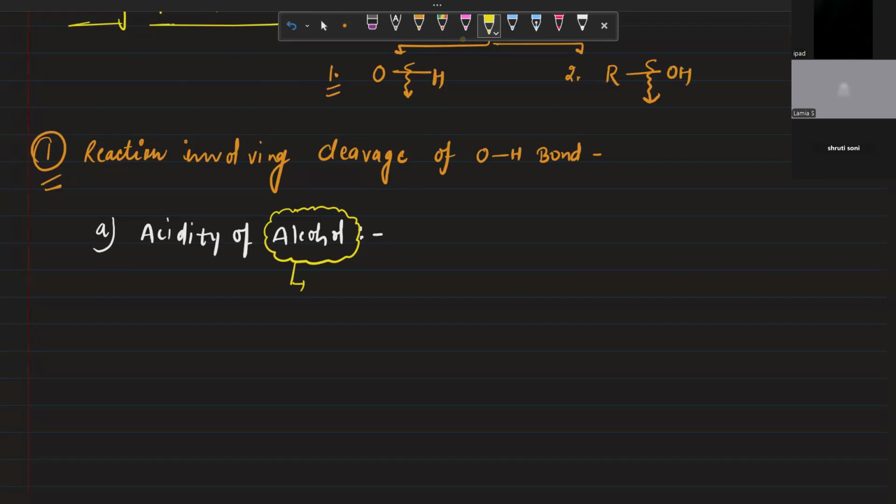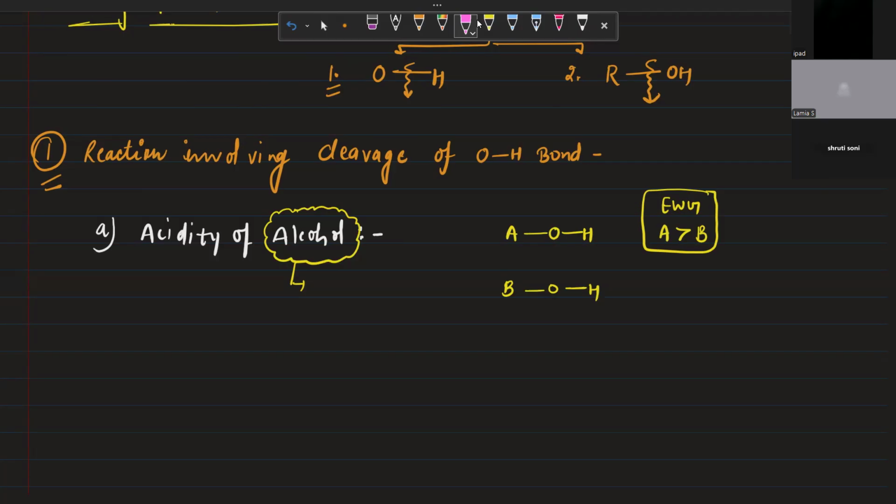Let's suppose I have a compound that is A, O, and H. Then I have B, O, and H. A is more electron withdrawing as compared to B. So tell me, between AOH and BOH, which is more acidic?